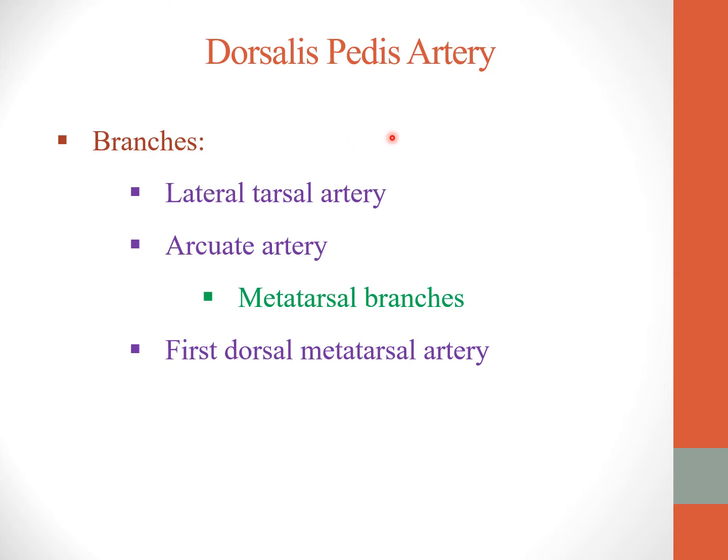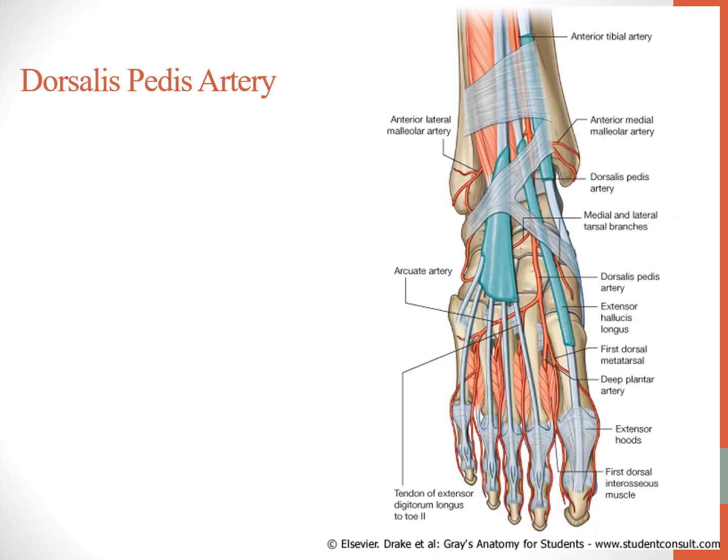The dorsalis pedis artery gives a lateral tarsal artery and the arcuate artery, through which metatarsal branches are arising, and the first dorsal metatarsal artery. So here we can see that the dorsalis pedis artery is descending down.